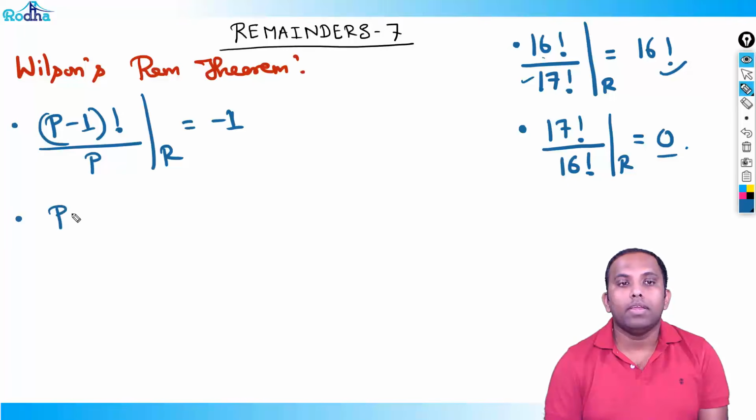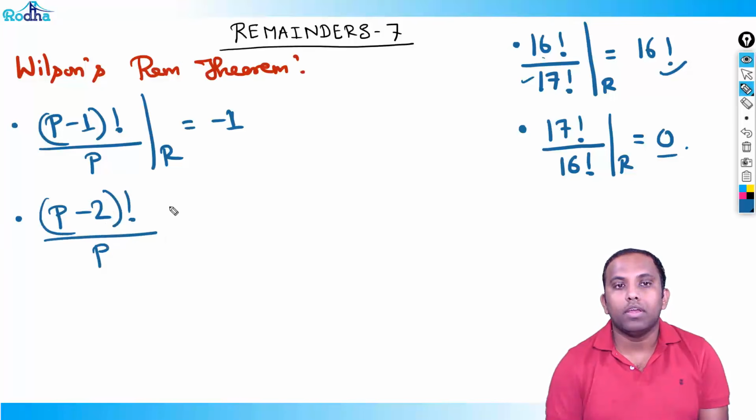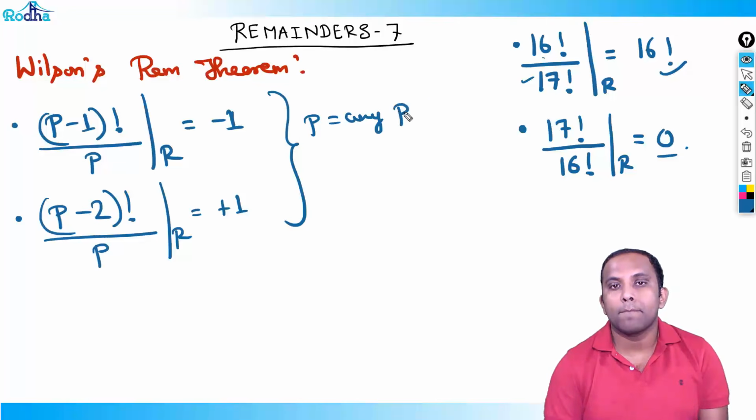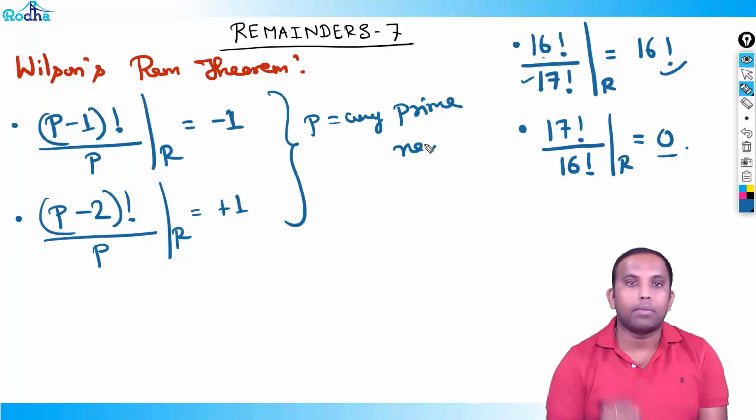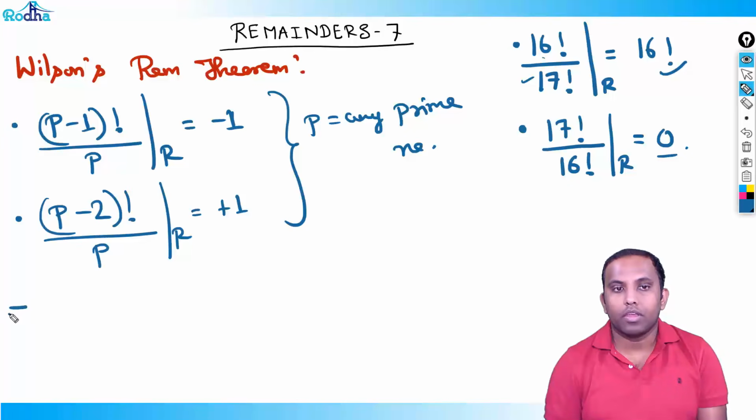Or (P minus 2) factorial upon P, the remainder is plus 1, where P is any prime number. So (P minus 1) factorial upon P, remainder is minus 1. (P minus 2) factorial upon P, remainder is plus 1.